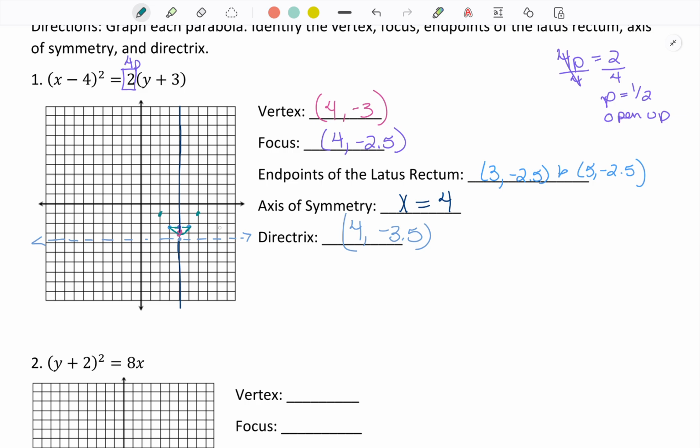And so we're just going to make that symmetrical. And so that gives us a little bit more to go off of. But we're just going to keep opening out. And there we go.